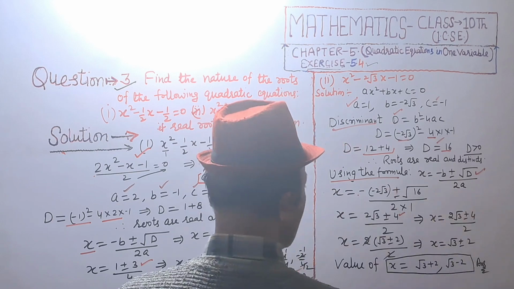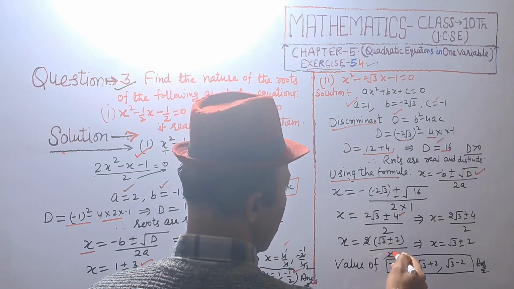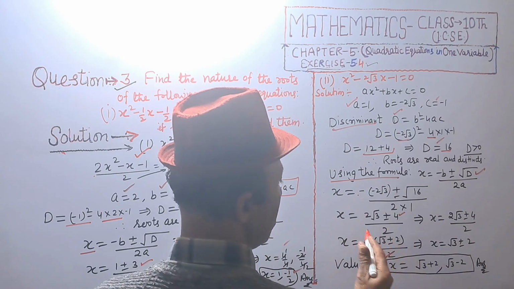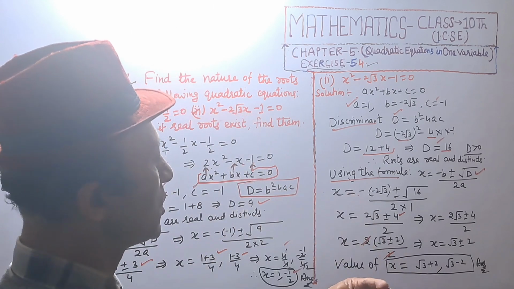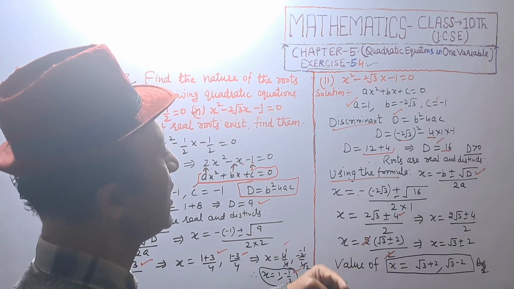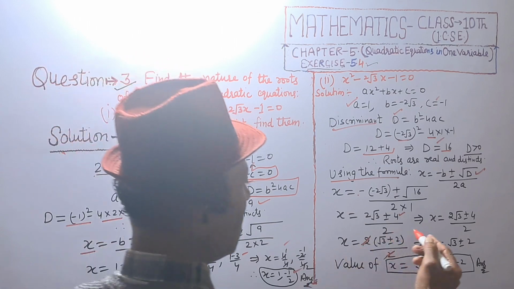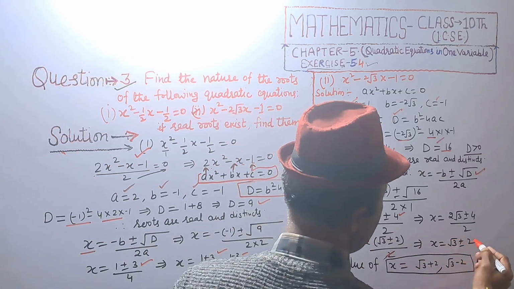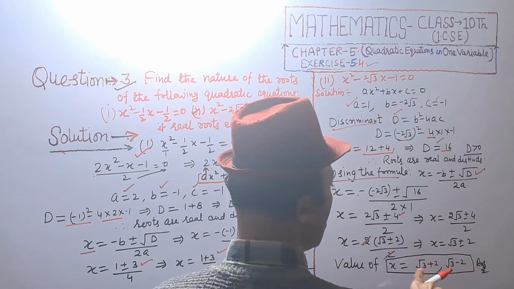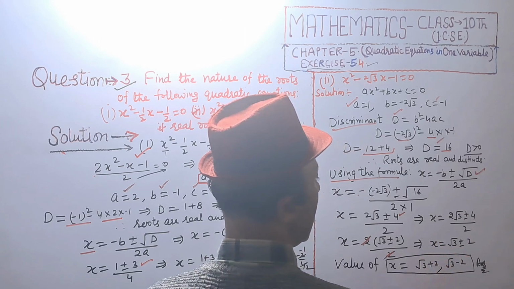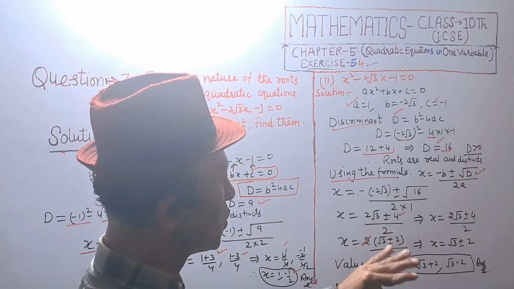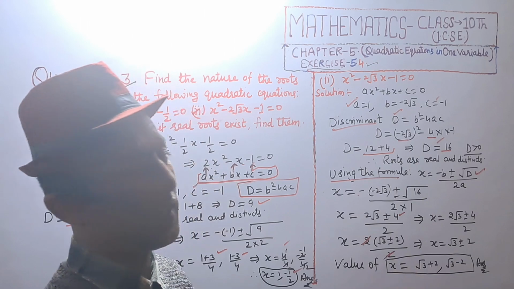In the numerator we are taking 2 common and divide by 2. This is cancelled and we get the value of x, 2 roots: root 3 ± 2. One root is root 3 + 2 and the other root is root 3 - 2. Answer. Thank you so much.